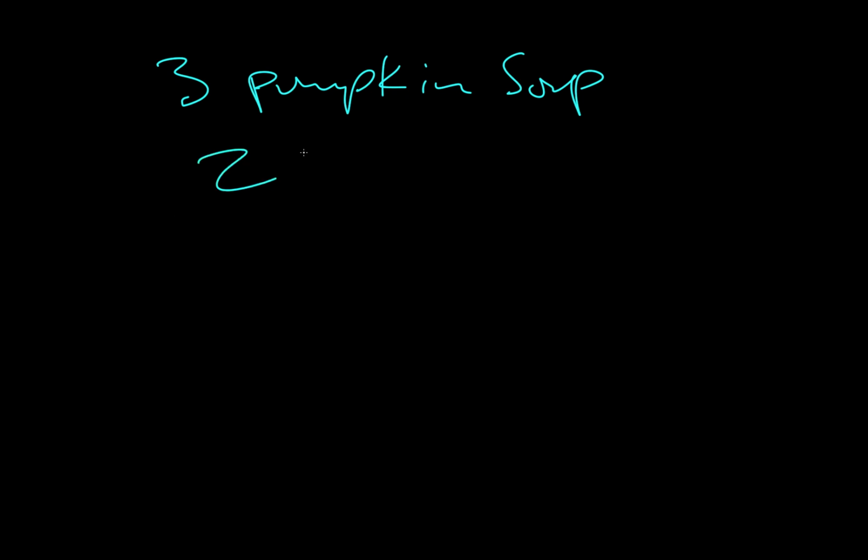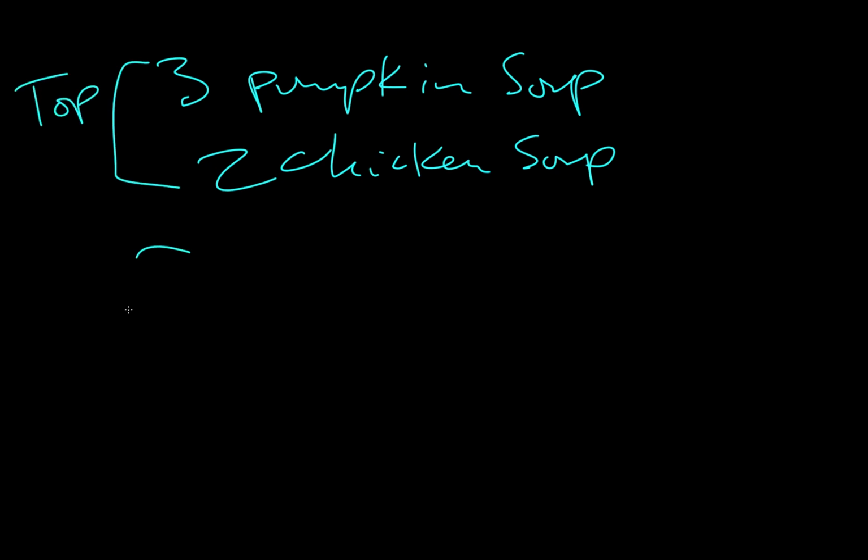Okay, let's move on to example 22. A top shelf in a cupboard contains 3 cans of pumpkin soup, 2 cans of chicken soup. The bottom shelf, okay, so this is top shelf. Now we have bottom.